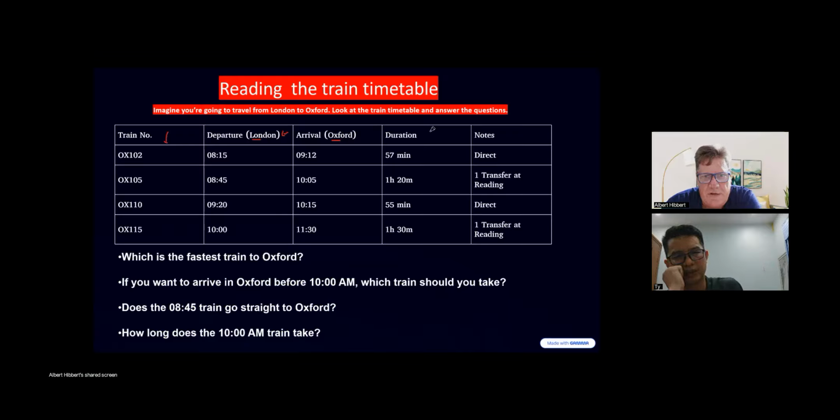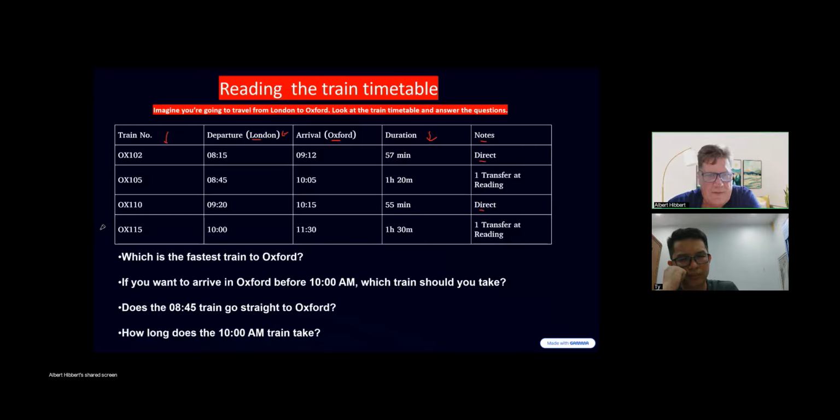Here you will see the duration of that trip. And then if there are any notes, you will see them here. That is a direct trip. There's one transfer at Reading.